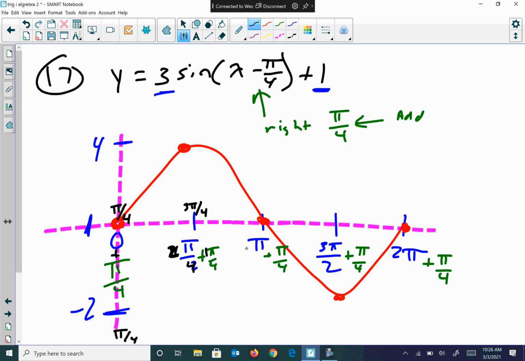Then if I add pi fourths to this, I'm going to make this 4 fourths pi. So 4 plus 1, that's going to give me 5 pi over 4. If I add this, I'm going to get a common denominator, so I'll make that 6 over 4. So 6 plus 1 is 7, so I get 7 pi over 4. And then if I add this, I'm going to make this 8 over 4. So 8 plus 1 gives me 9 pi over 4.